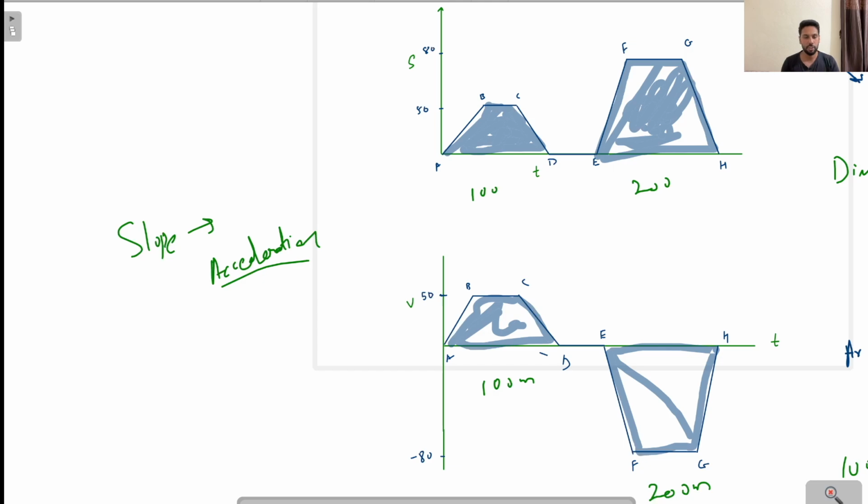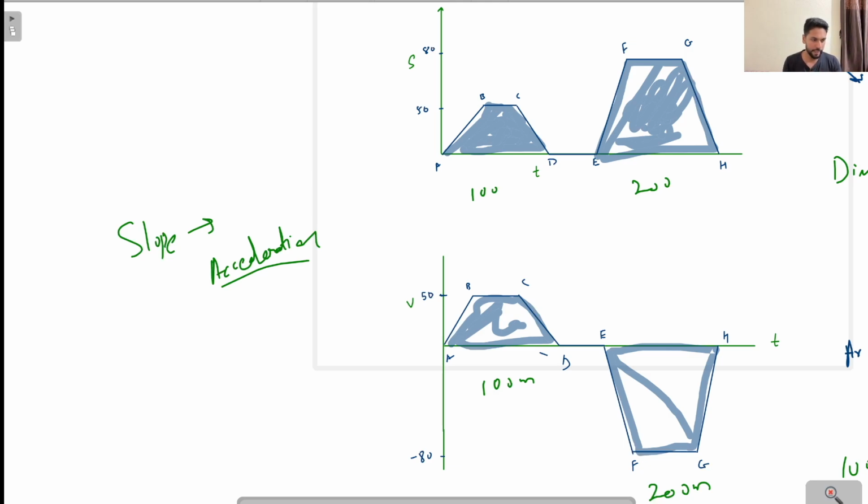If you take the slope of a speed-time graph, it will give you acceleration. If you take the slope of a velocity-time graph, that is also giving acceleration. So that is something which remains constant here. But the area under a speed-time graph is giving distance, and the area under a velocity-time graph is giving you displacement. This thing has to be registered in your mind, and this difference you need to understand very clearly.